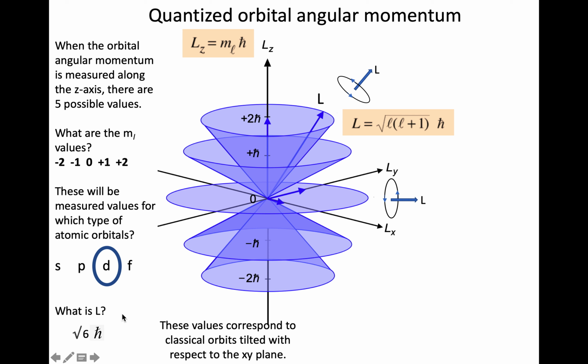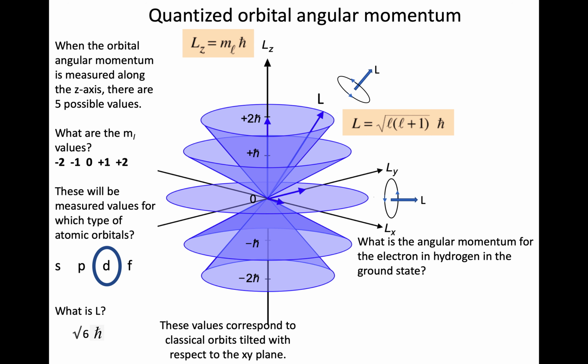The thing that I take away here is that for a d orbital, we're talking about an actual specific angular momentum value. There are actual units right here. It's not just some abstraction. It's corresponding to an actual measured value. What would be the angular momentum for the electron in hydrogen in the ground state?